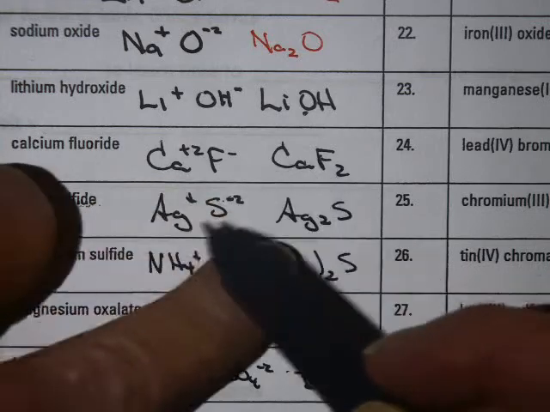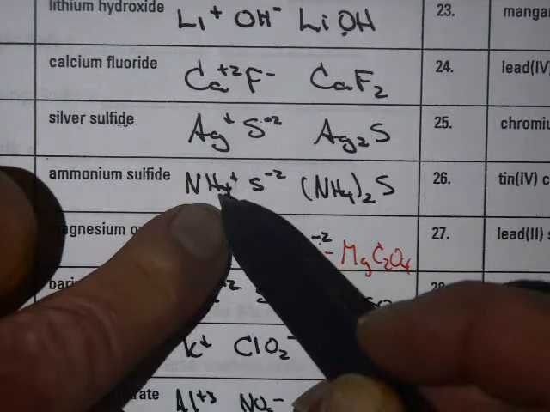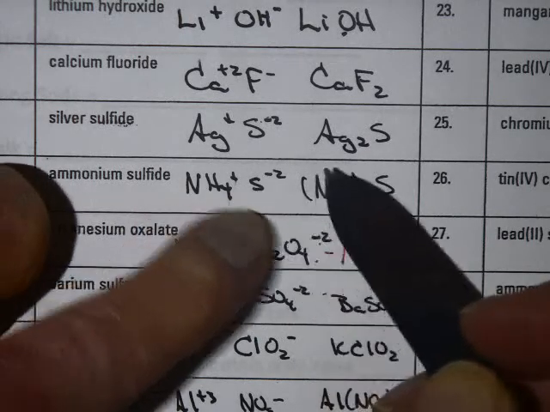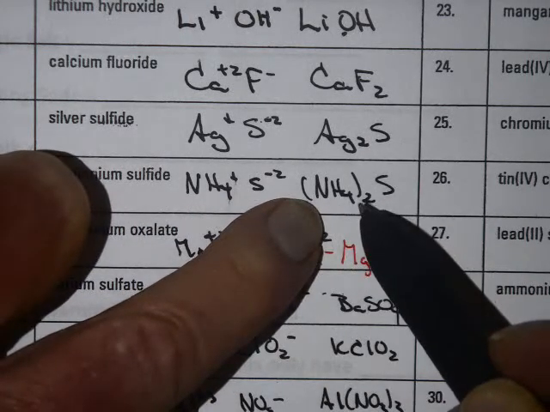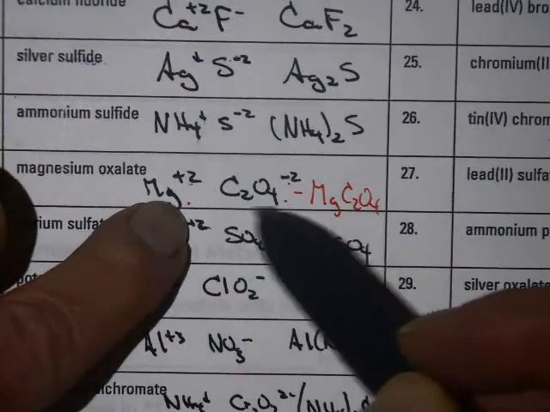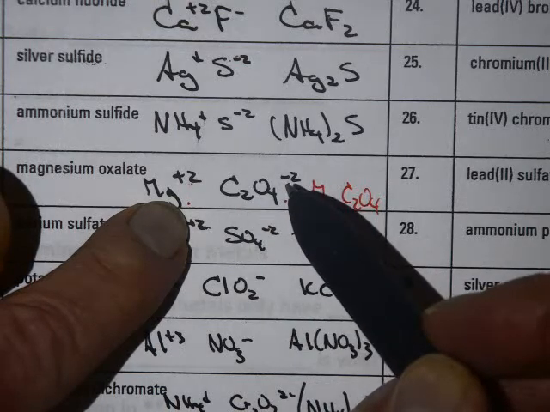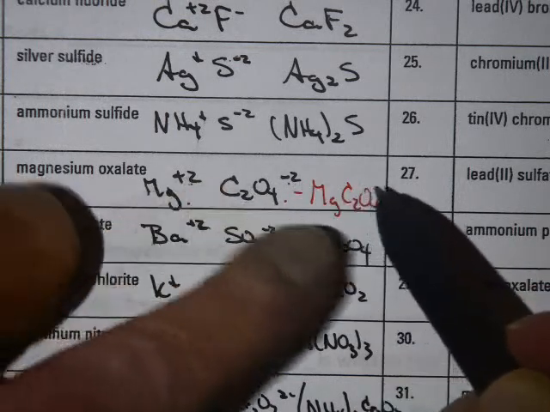So do the switch. CaF2. Silver and sulfide ion. Silver's 1, sulfide is -2, so do the switch. Ammonium has 1, sulfide has 2, do the switch. Notice the brackets.